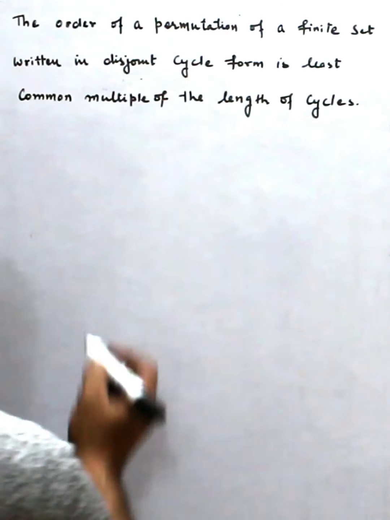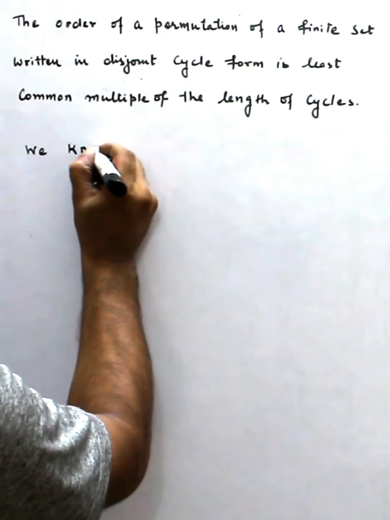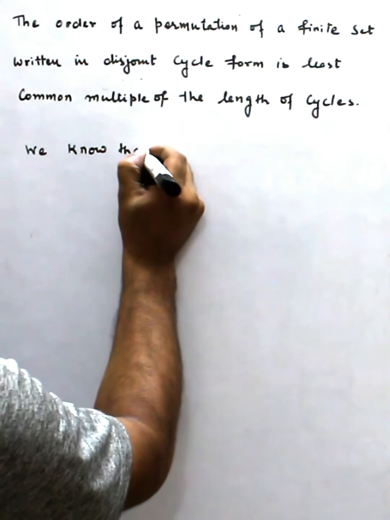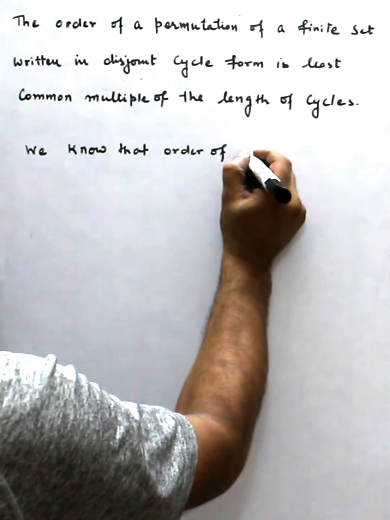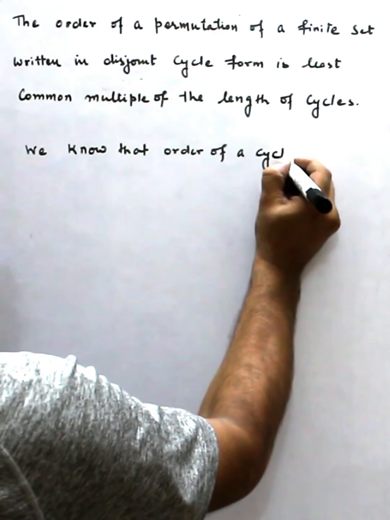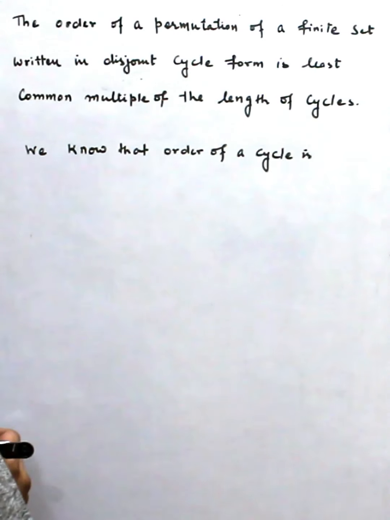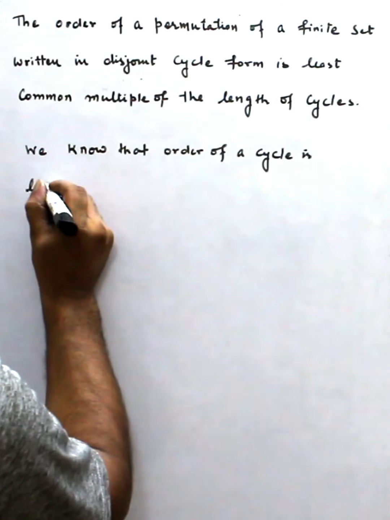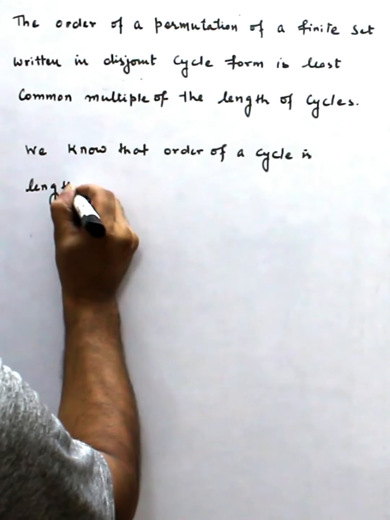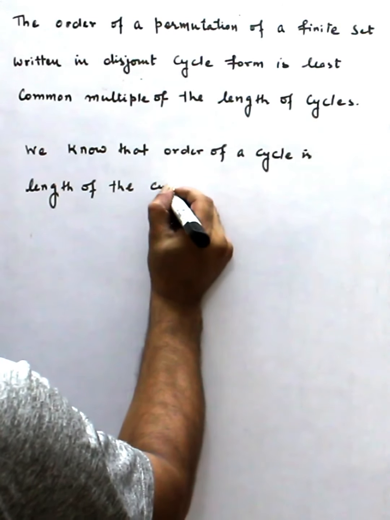First thing, we know that the order of a cycle is the length of the cycle.